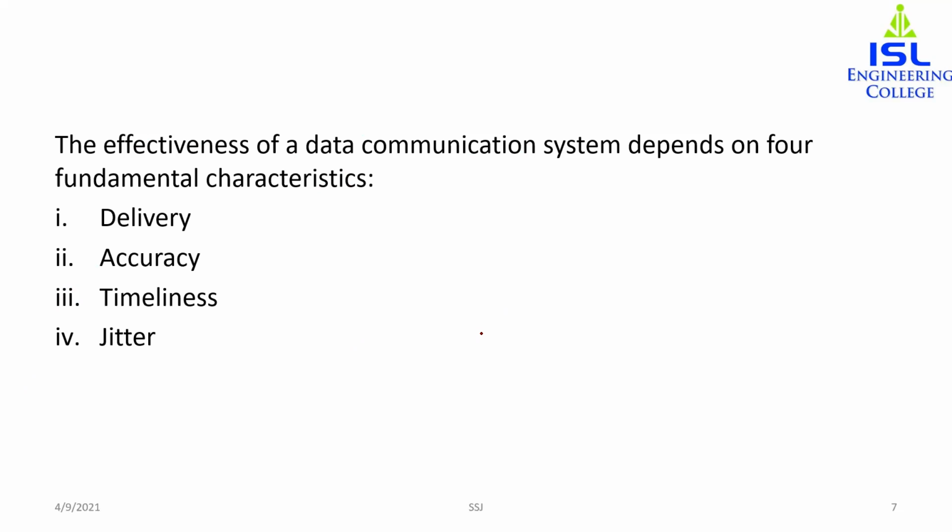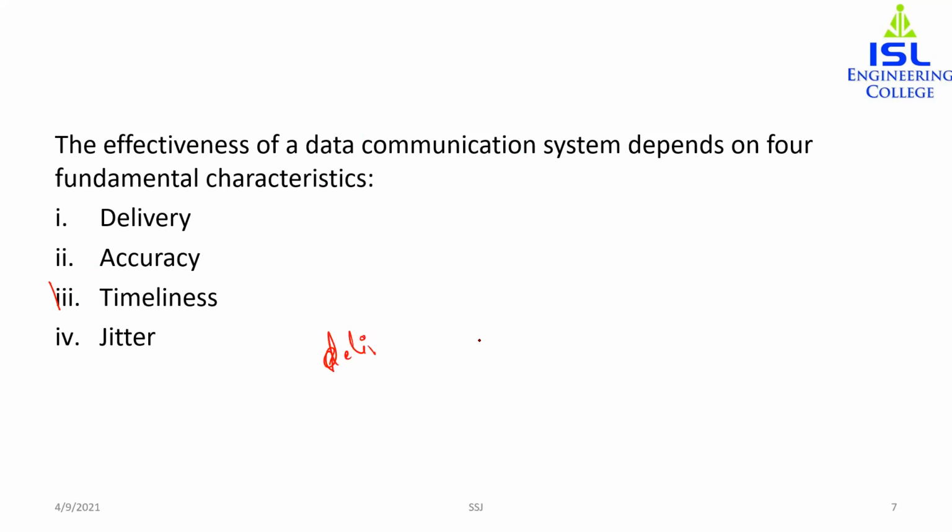If some data is not delivered on time, or the first part is going last and the last part is going first, that sort of problem should not occur. So the effectiveness of a data communication system depends on four fundamental characteristics. The first is delivery, then the next is accuracy, timeliness, and jitter.